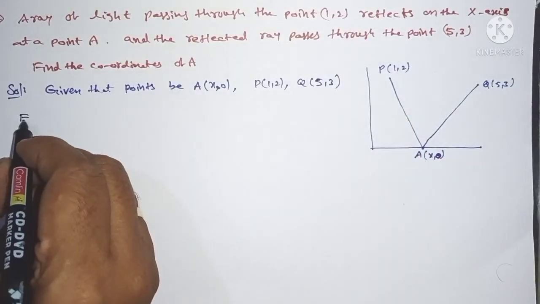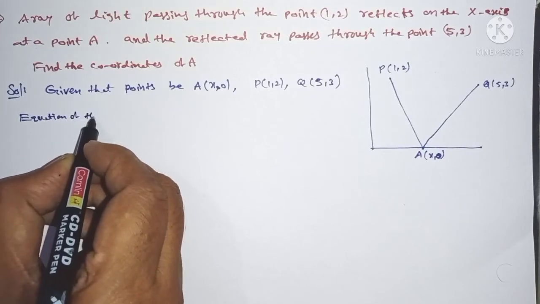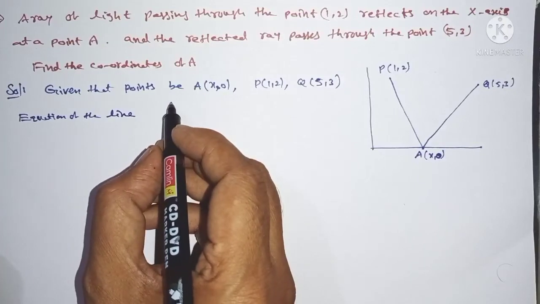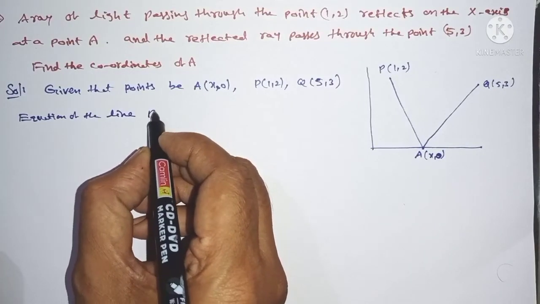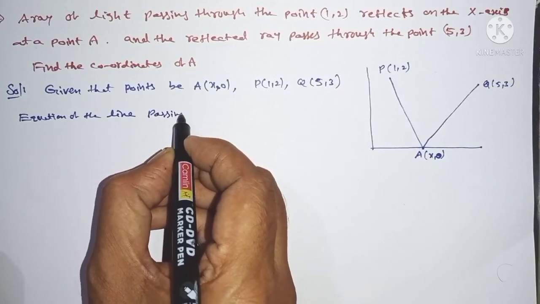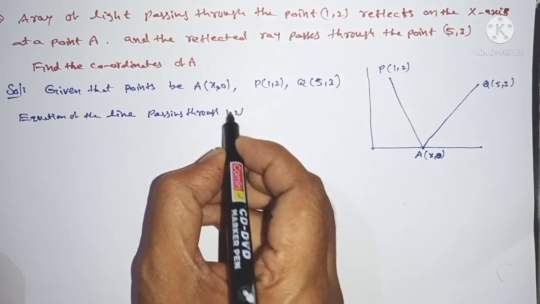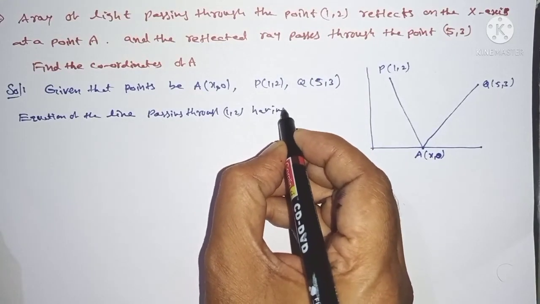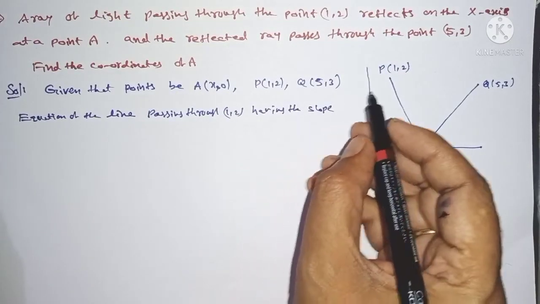First you can find the equation of the line passing through 1 comma 2 having the slope m.